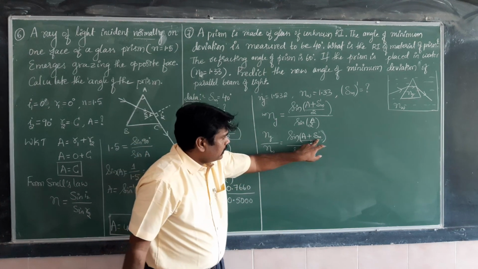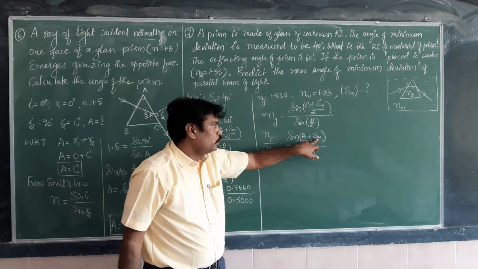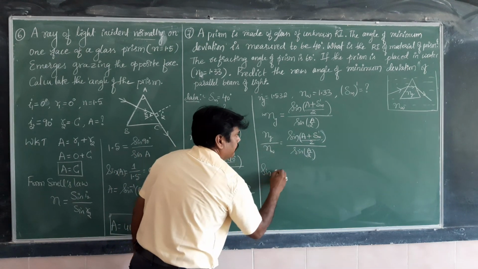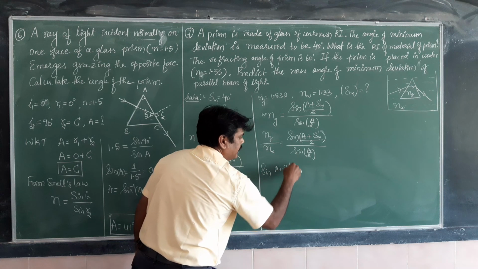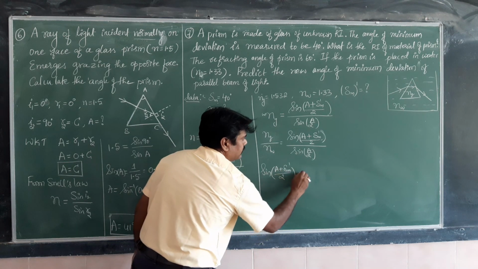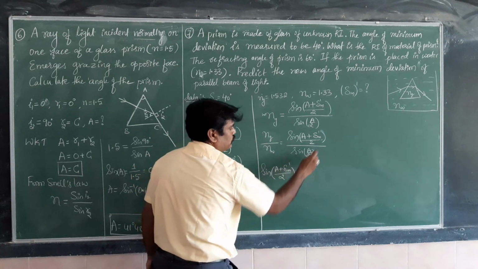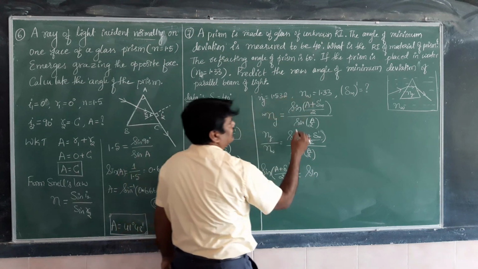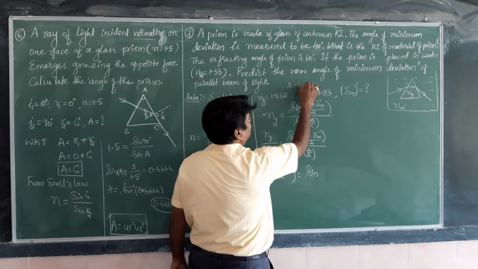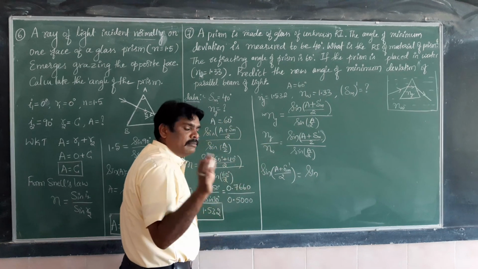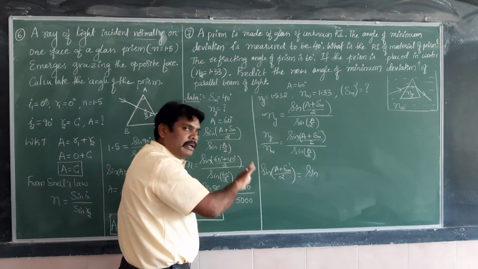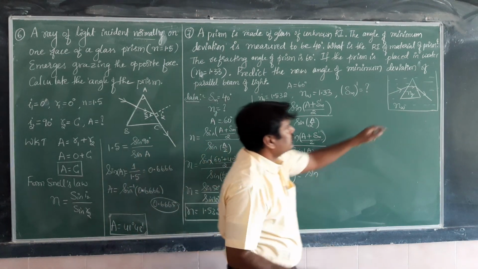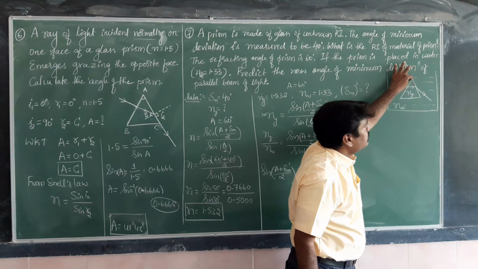We have to calculate delta m dash, the new angle of minimum deviation. That's why I want to simplify this formula as sine of (A plus delta m dash) divided by 2 is equal to, taking the cross multiplication, sine of A by 2 goes to the numerator. A is how much? 60 degrees. The angle of the prism is given as 60 degrees, because the angle of the prism does not change whether it is in air media or any other media. The angle of the prism is the angle between two refracting surfaces.